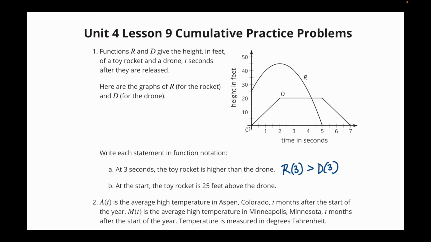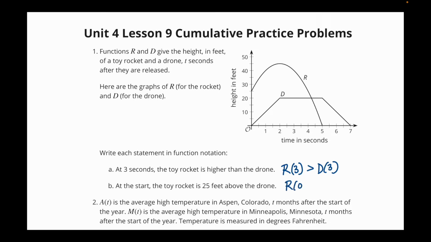And then for B, at the start, the toy rocket is 25 feet above the drone. So when we say at the start, that means 0 seconds. So when 0 seconds have passed, if they were equal, we could say the rocket's height was the same as the drone's.